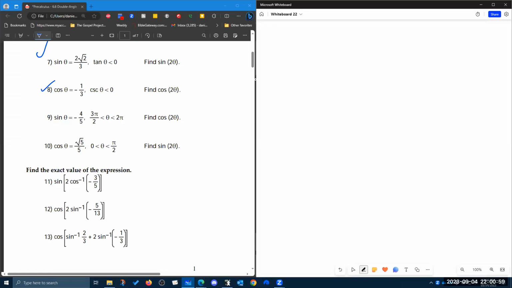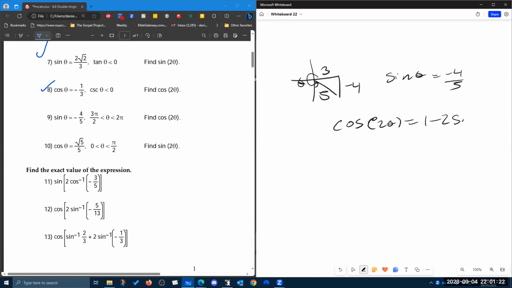Sine is negative, and we're in quadrant 4. This is negative 4 over 5, making that a 3. And we want cosine of 2 theta. That'll be 1 minus 2 sine squared theta.